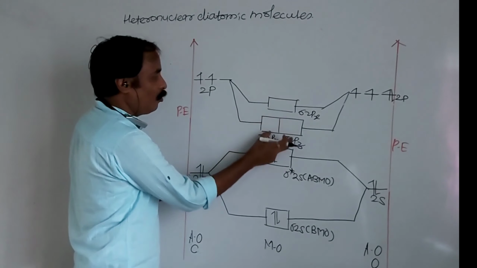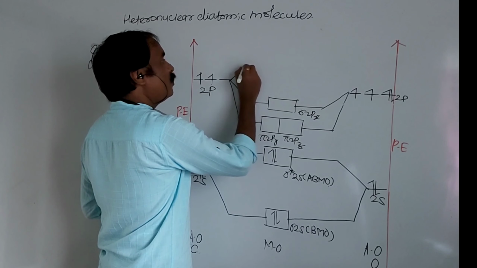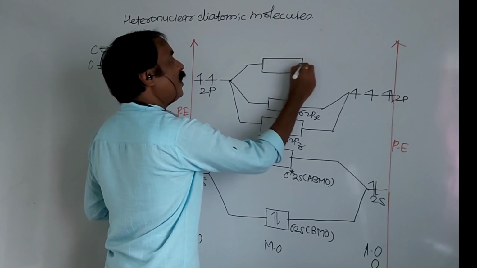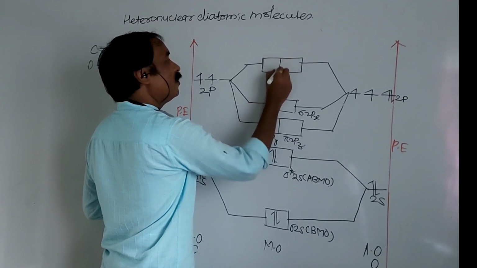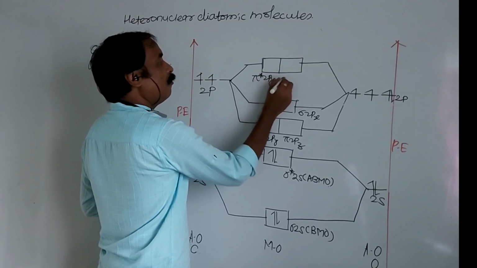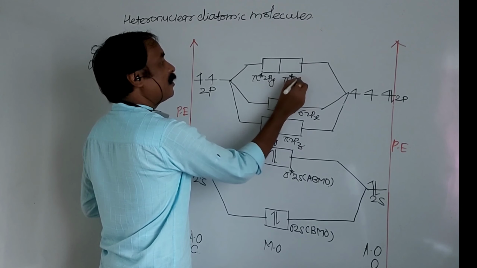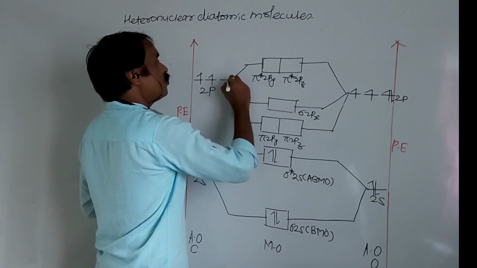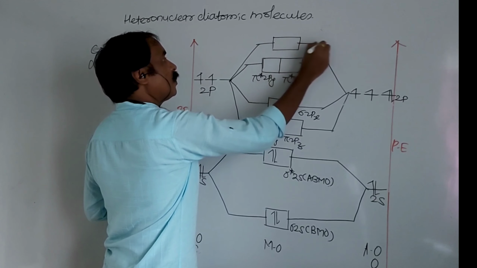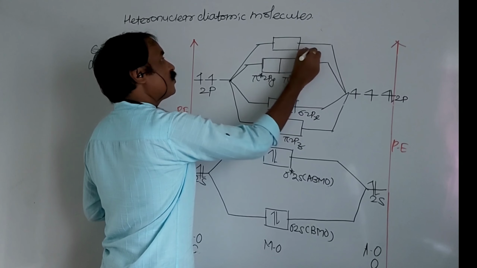After this, the anti-bonding of pi 2py and pi 2pz: here it is pi star 2py, pi star 2pz, and here sigma star 2px.